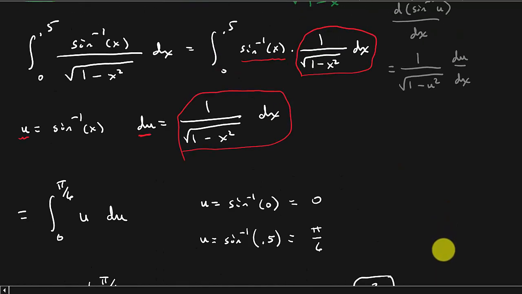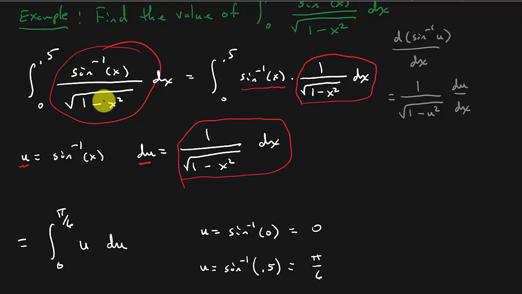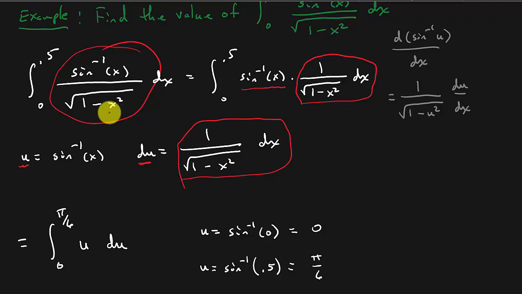It's just that you probably would have had trouble, or may have been kind of confused on what to let u equal. Now this one might have been tricky for you, because the first thing that might have popped into your mind is, oh, I'm going to let u equal 1 minus x squared because it's under the square root, right? Parentheses raised to a power. But that's kind of what I've been talking about when I say you look inside the parentheses and you take the derivative and see if it's outside the parentheses.